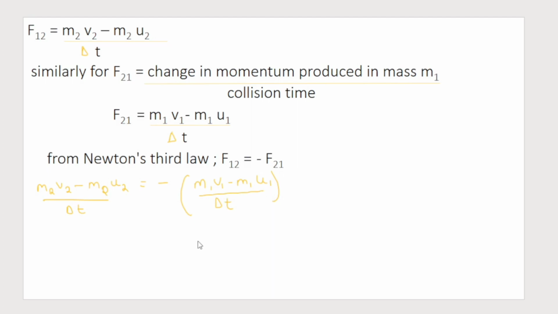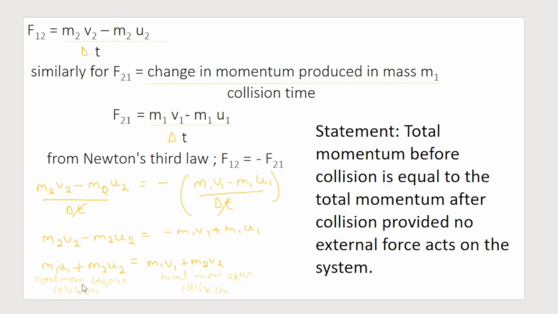Cancelling out the delta t's, we get m2 v2 minus m2 u2 equal to minus m1 v1 plus m1 u1. Getting rid of the minus signs by shifting, we get m1 u1 plus m2 u2 is equal to m1 v1 plus m2 v2.